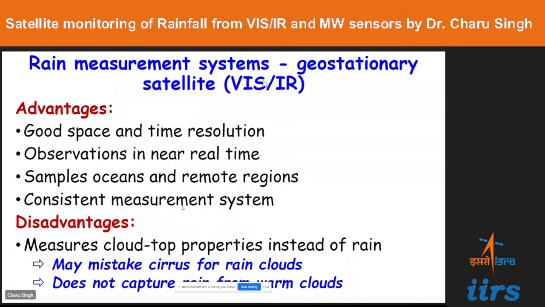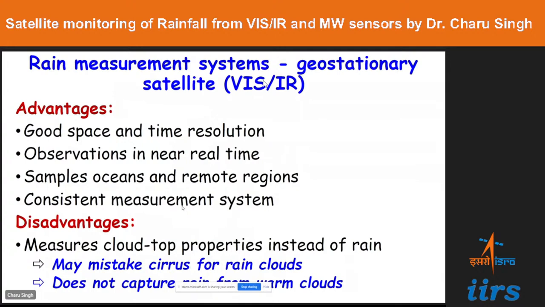So if we talk about the INSAT satellite, it is fixed with respect to the location of our Indian subcontinent. So throughout the day and night, 24/7, we get the measurement from the geostationary satellites onboard visible and IR sensors.